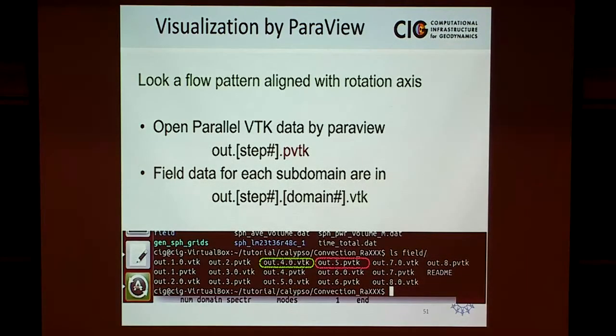There are files with two kinds of extension, pbtk and btk. The pbtk file is a parallel btk file. The btk data is segmented data: for one domain, the whole data is in this file, but if we run more than two processors, sometimes it only stores the northern or southern hemisphere, so we need to read them.